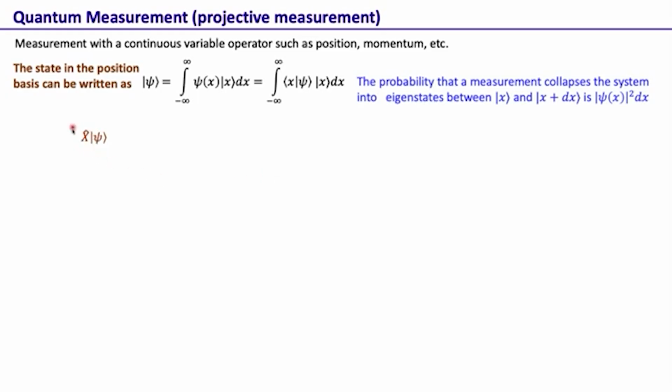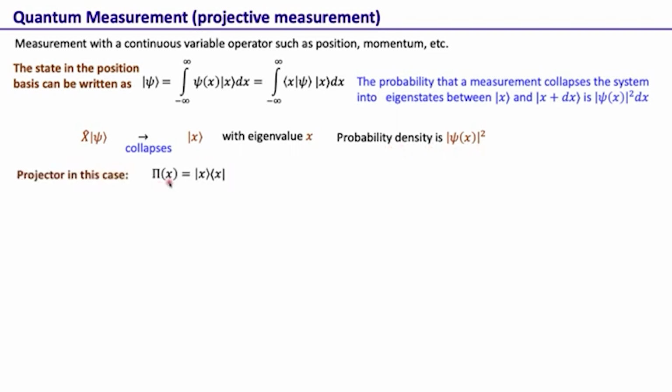Okay, so what happens when this position operator acts on the state psi? Of course, this measurement collapses the system into one of the eigenstates |x⟩ with eigenvalue x, and the associated probability density here is |ψ(x)|².